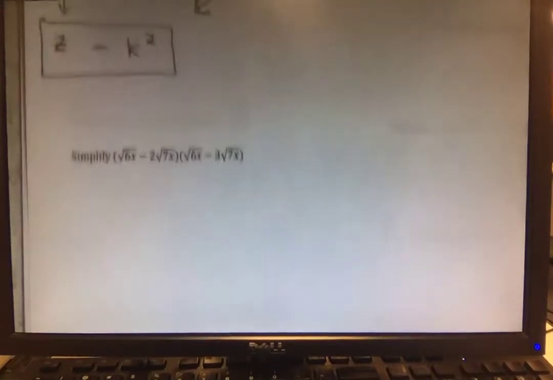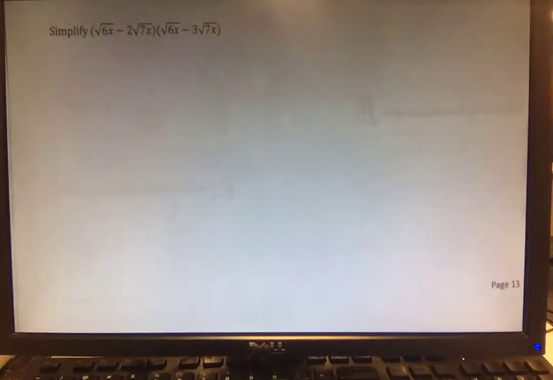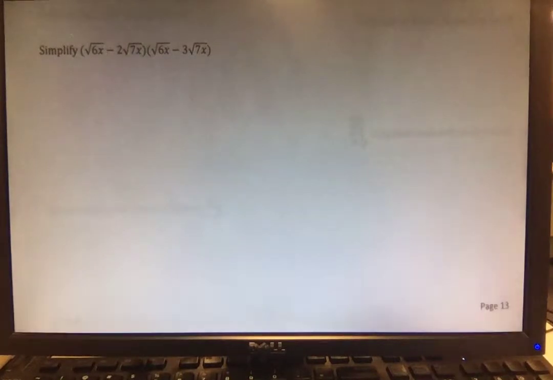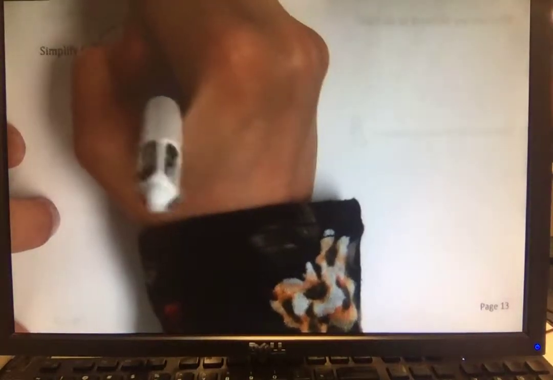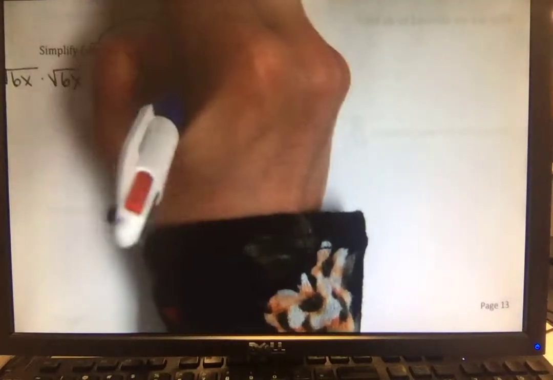Last one. To simplify, the square root of 6x minus 2 square root of 7x times the square root of 6x minus 3 square root of 7x. So we are going to distribute square root of 6x times the square root of 6x, square root of 6x times negative 3 square root of 7x.